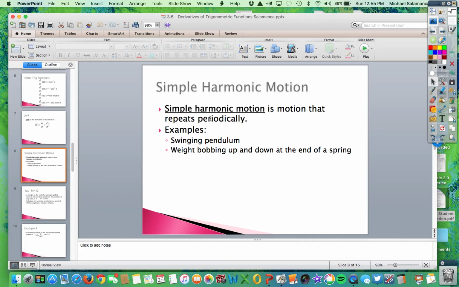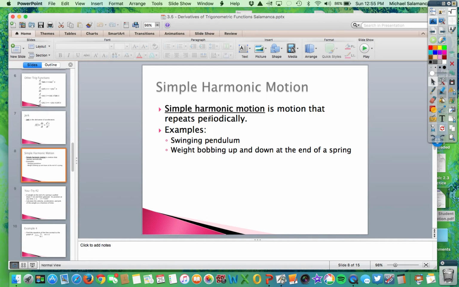So you see this all the time. Simple harmonic motion we see in things like a swinging pendulum, the weight bobbing up and down at the end of a spring. If we look at this mathematically from your class last year, all of your sine and cosine graphs had that same up and down motion. Those are all simple harmonic motions.